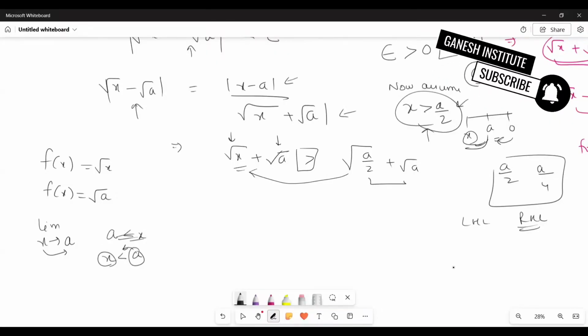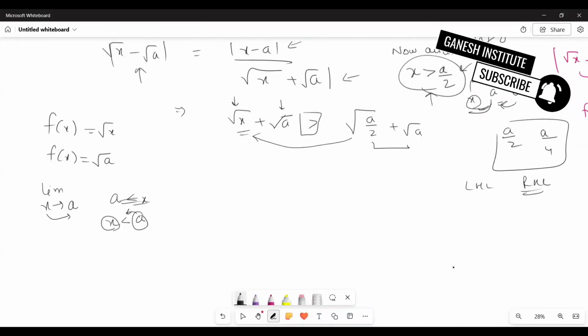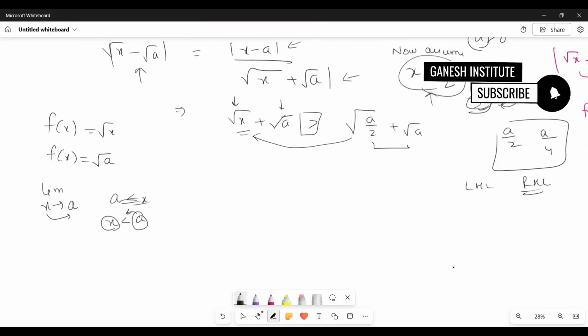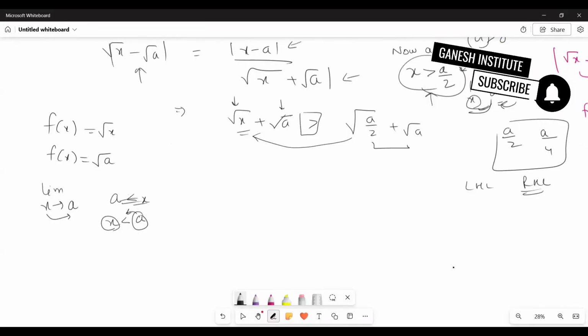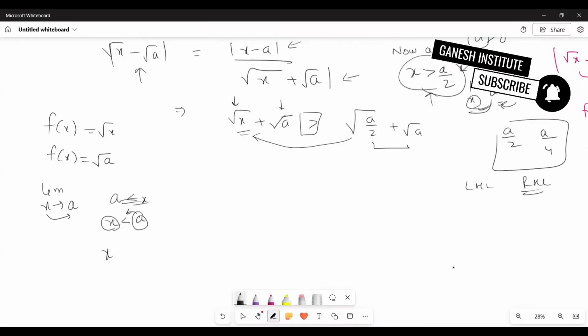Yeah. So, I'm just confused that you don't know yet that x is more than a. So how do you know that x is more than a by 2? How can you just assume that? I have assumed, for example, this has to be in the neighborhood.